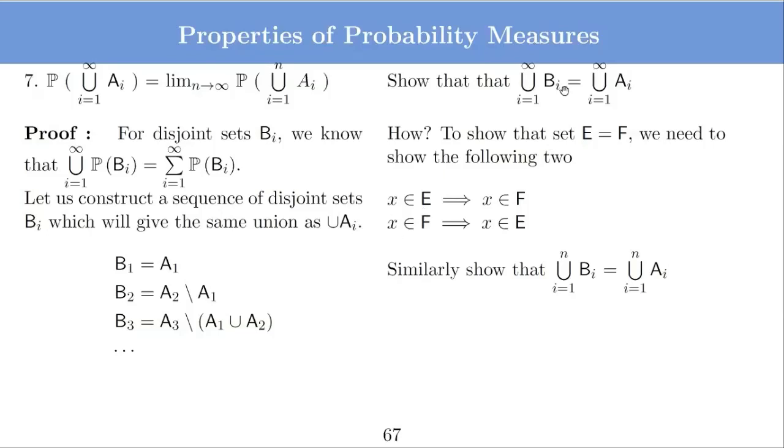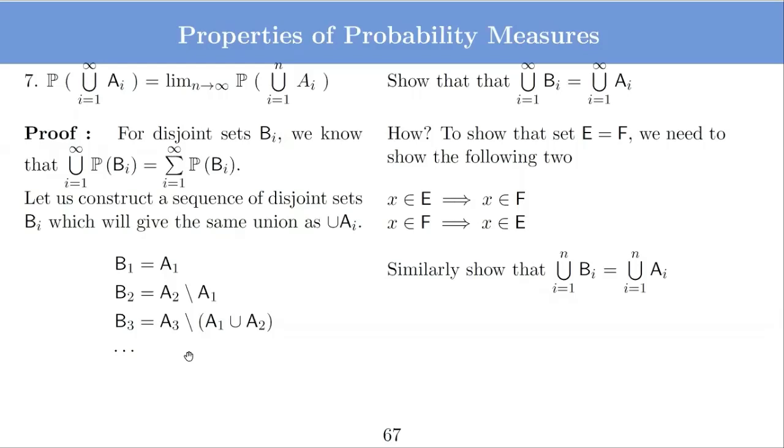If an element is in the union of Bi, then it should be in one of the sets Bi. Let's assume the first such set; it can be in multiple sets, but let's take the first Bi. Bi means it is in Ai, but it is not in any sets prior to that.